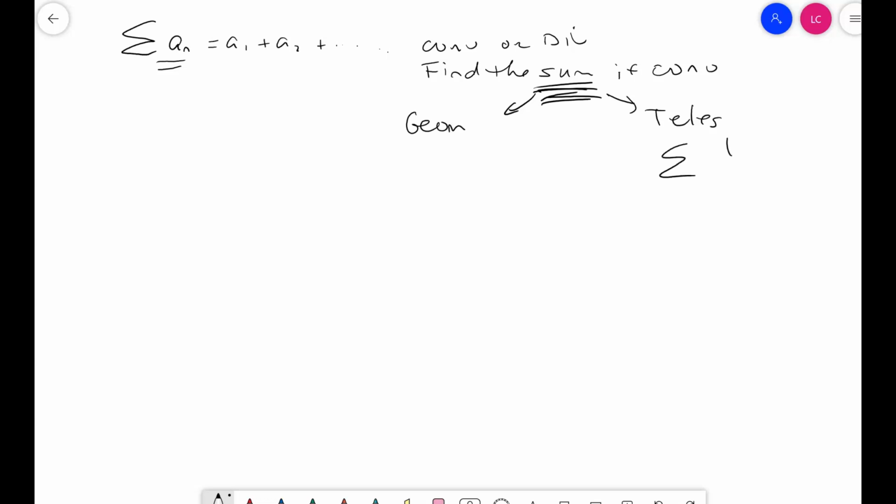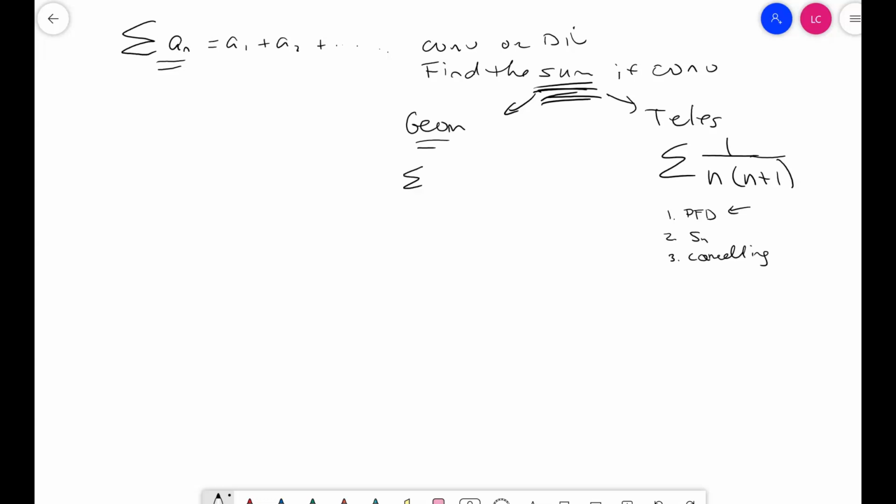A telescoping is going to be something that looks like this. It's going to be polynomial because the first step is do the partial fraction decomposition, right? And then you make up your S sub n, and then you do the canceling, right? So you've got all your notes of what to do. But in order to do partial fractions, it cannot be numbers to the nth power.